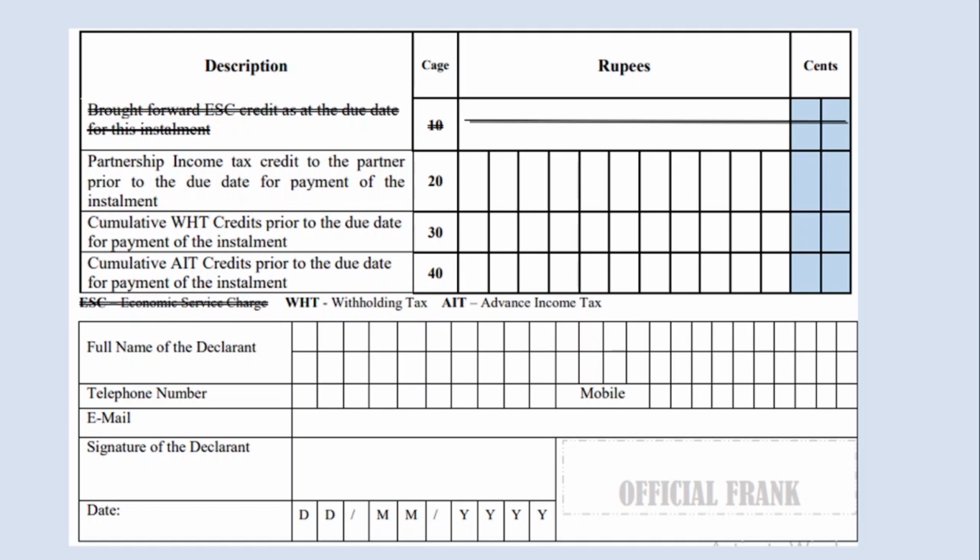Under this credit schedule, you can mention only the amounts the withholding agents have already deducted, and the cumulative AIT credits prior to the due date for payment of the installment also can be deducted under page 40. Finally, the declarant's details should be mentioned in this credit form.